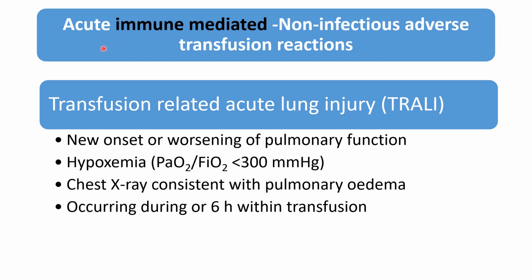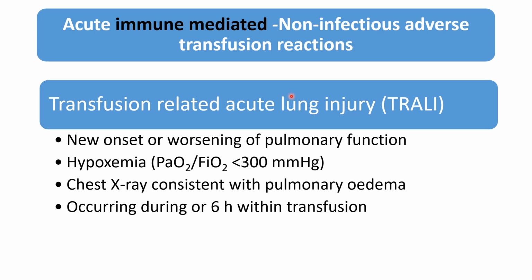In acute immune-mediated reaction, the patient can develop transfusion-related acute lung injury. It is because of antibodies in the blood donor, which react with the antigen in the recipient. Then the recipient immune system causes the release of mediators, which lead to pulmonary edema.